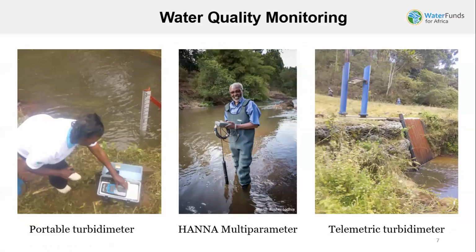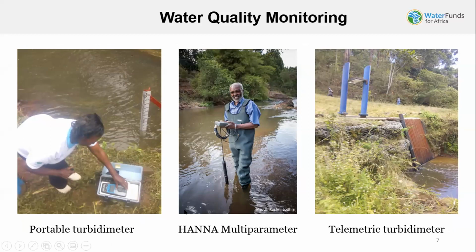So water quality monitoring is conducted mainly during the rainfall season or rainfall events. And we do this to measure parameters like turbidity and the total suspended solids. While in the field, we use a portable turbidimeter to measure turbidity.